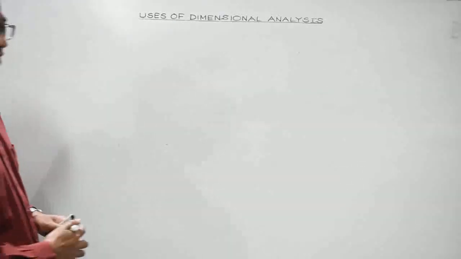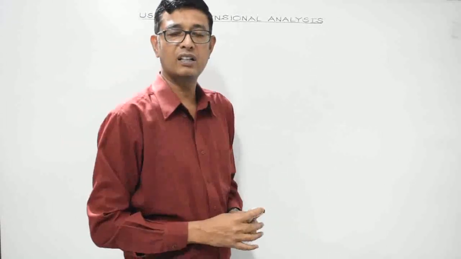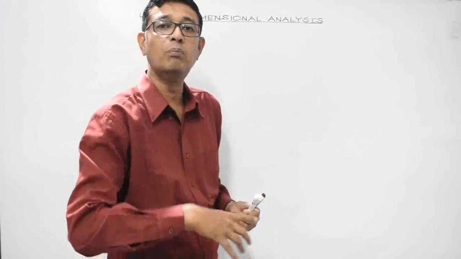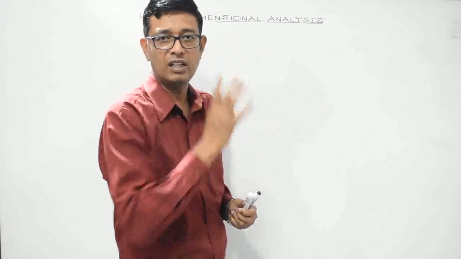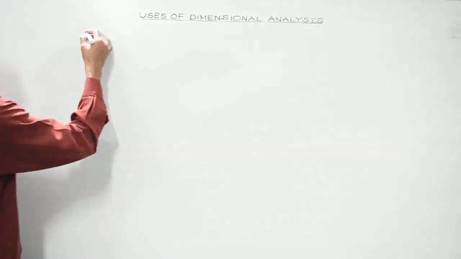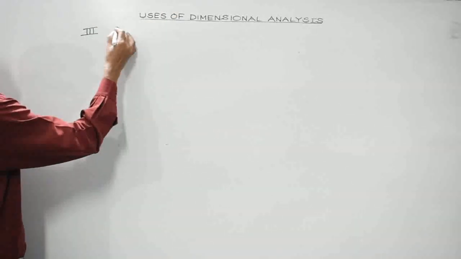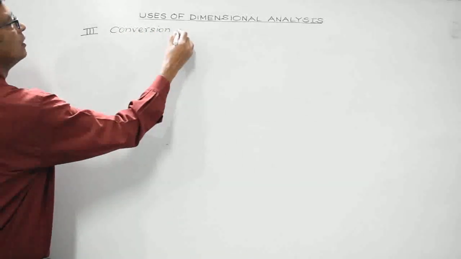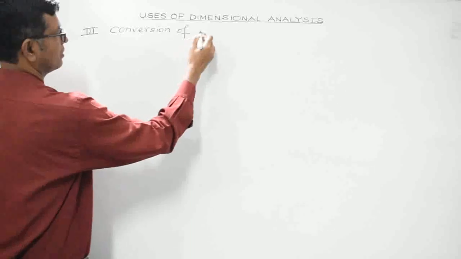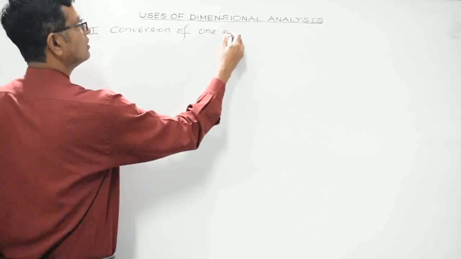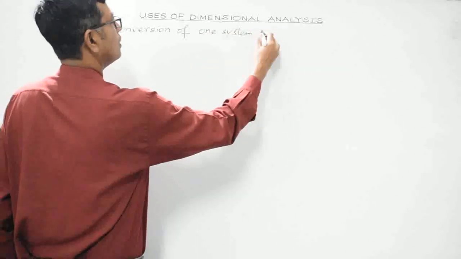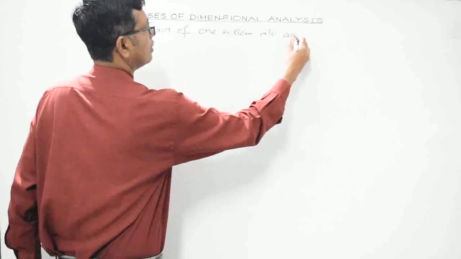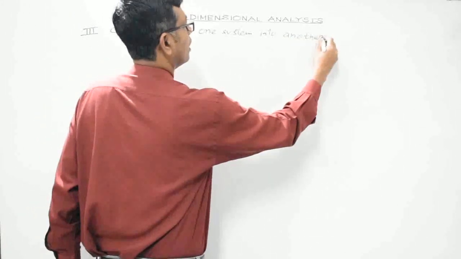Let us finish all the uses of dimensional analysis and then we can concentrate on some more numericals based on the above topics. So the third use is, it can be used for conversion of one system into another system.